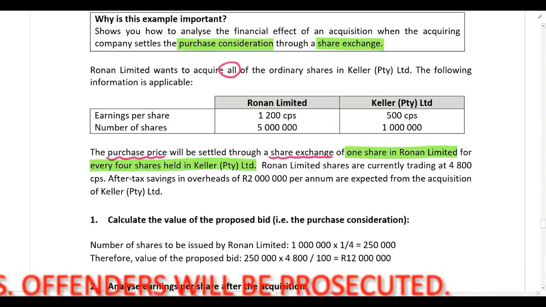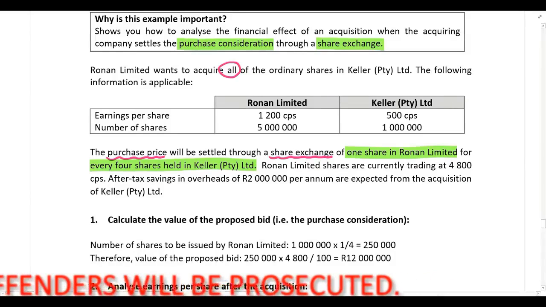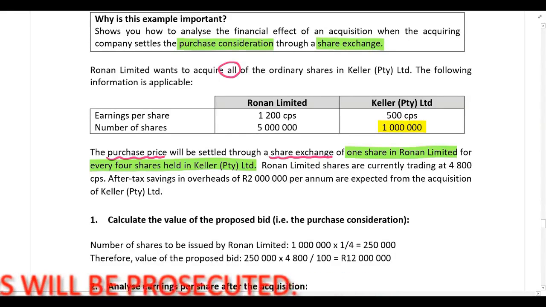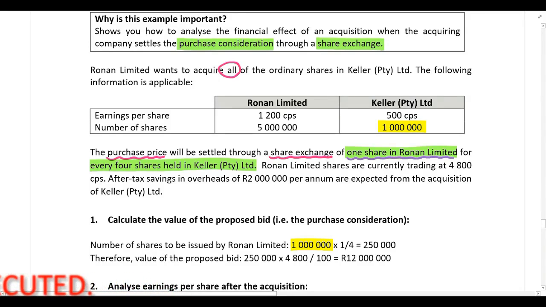So let's perform that calculation whilst we're here. If you look at Keller Limited, they have 1 million shares in issue, all right? And the purchase consideration is going to be settled with 1 share in Ronan for every 4 shares held in Keller Pty Limited.